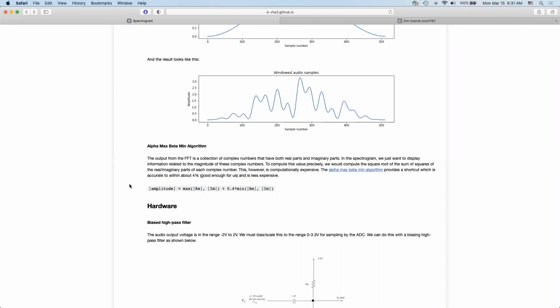Also, one other thing, why specifically the Hahn window? Is there a reason we chose that? Could we have chosen something like a Gaussian window or something like that? You certainly could have. And as with a lot of this stuff, the Wikipedia page associated with these window functions is excellent.